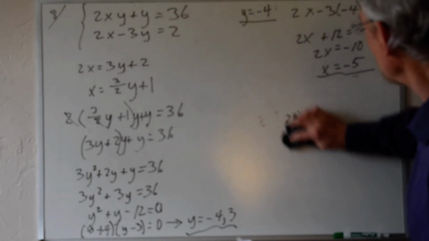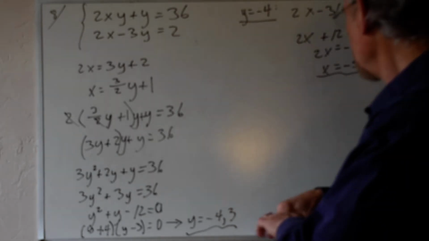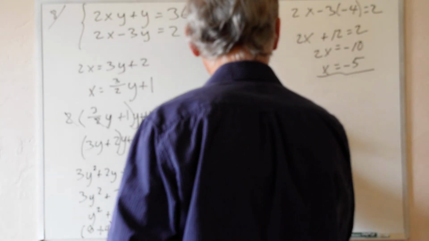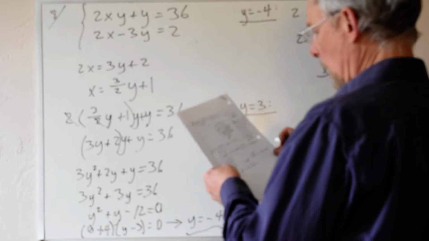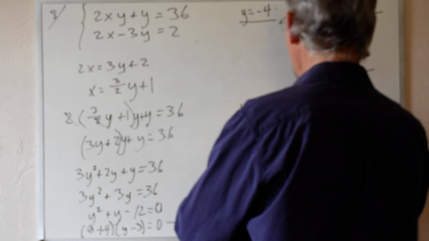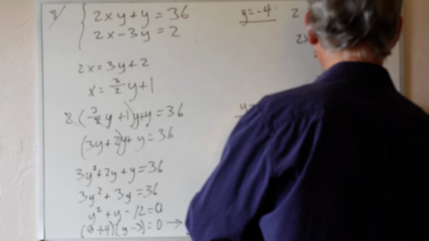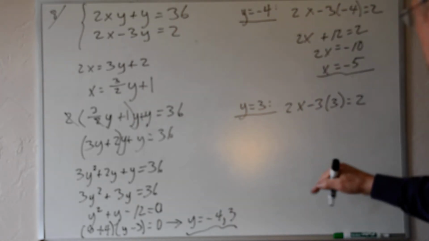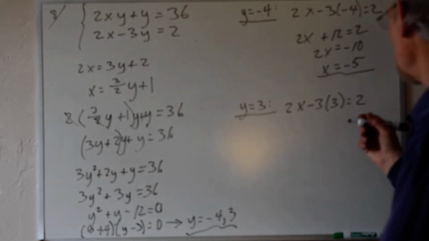Let's figure out what the other winning combination is. That's when y is equal to 3. And in this case, I again used the bottom equation. All right, I replaced y with 3 in that lower equation.